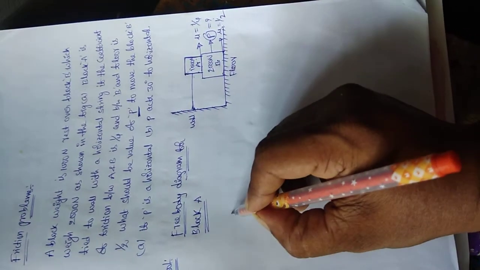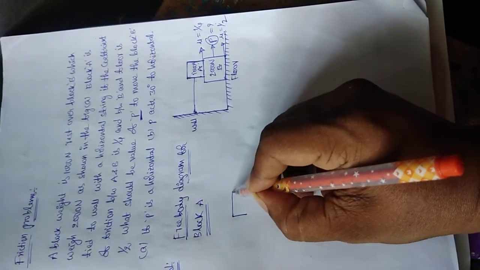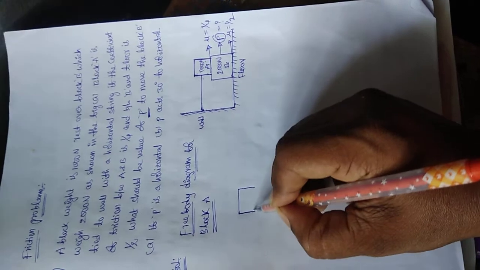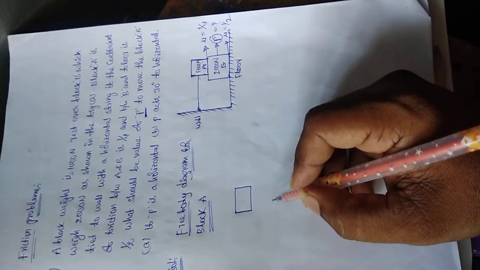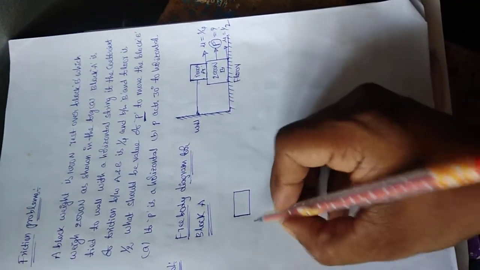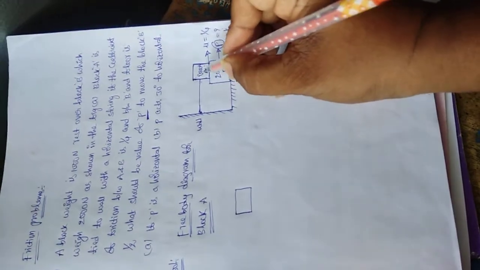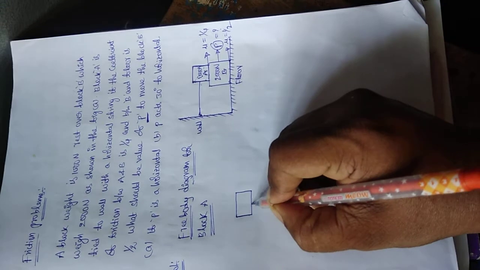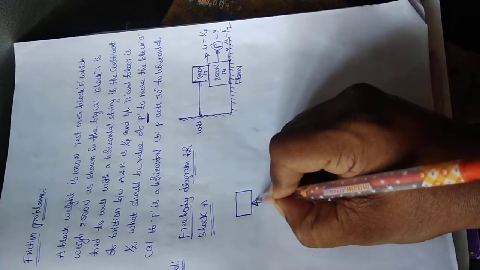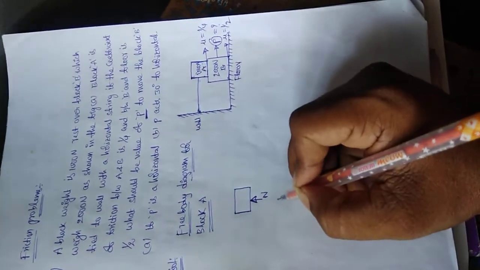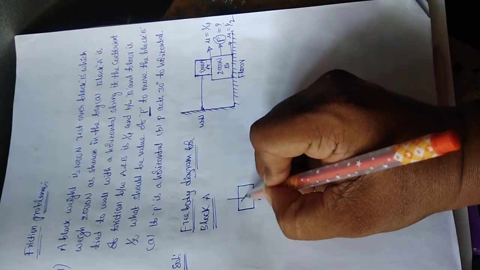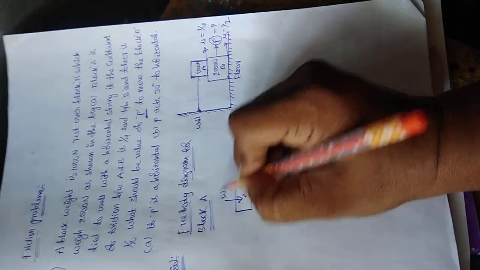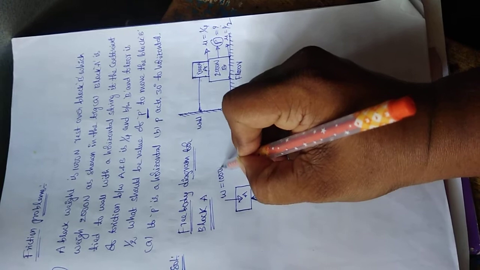Isolated means it should be free, separated. As the block is in contact with B, the surface develops a normal reaction force, and block A has some weight, W equal to 1000 Newton.